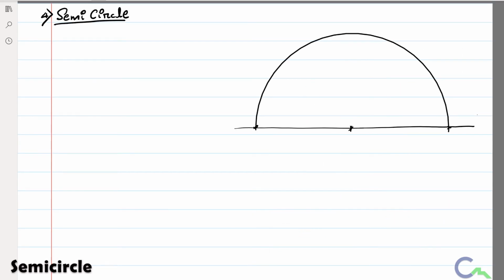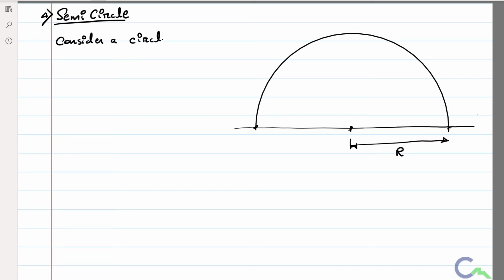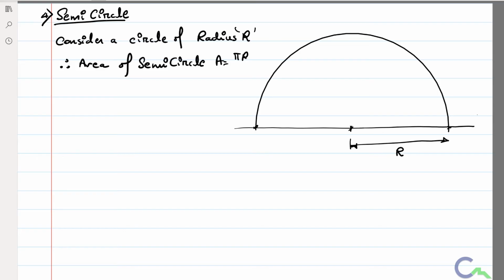Now I am going to derive the moment of inertia for a semicircle. Now the area of the semicircle, I will take it as capital letter A, that is pi r square divided by 2.